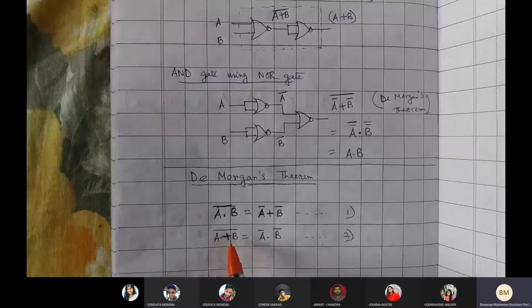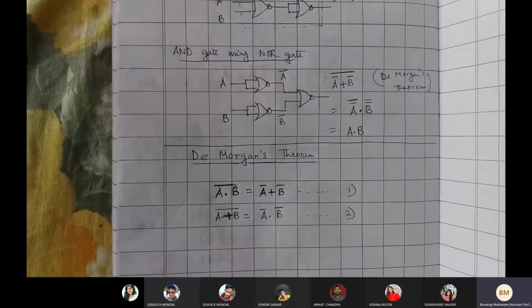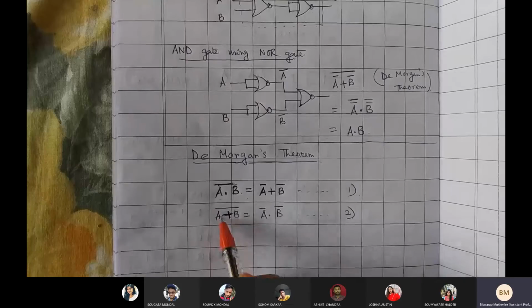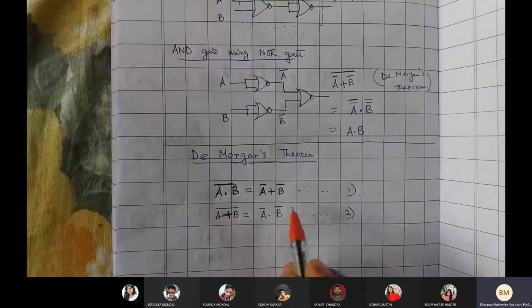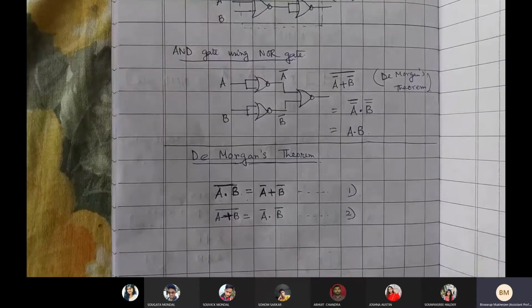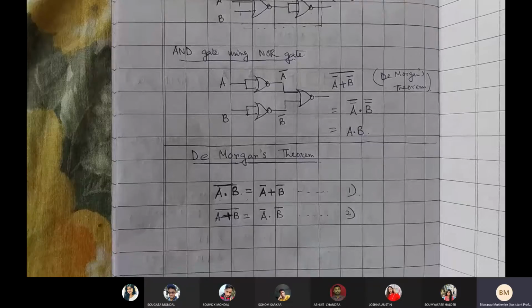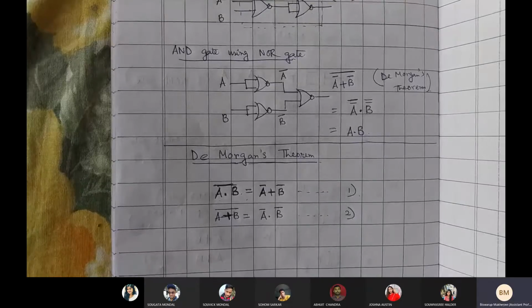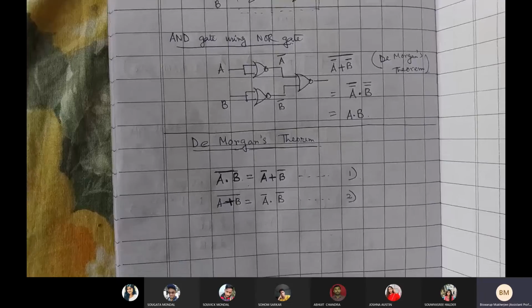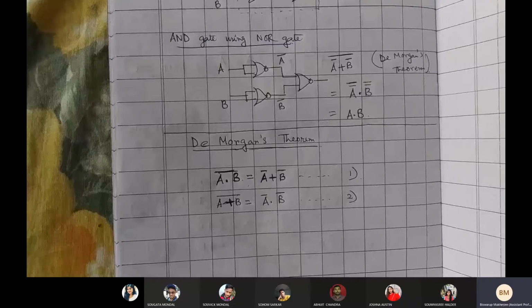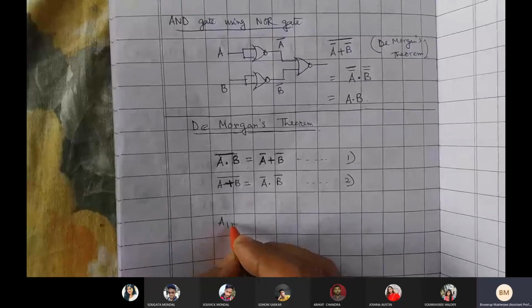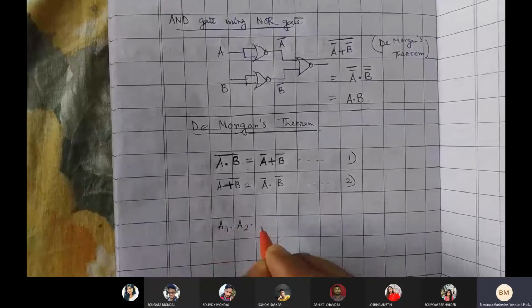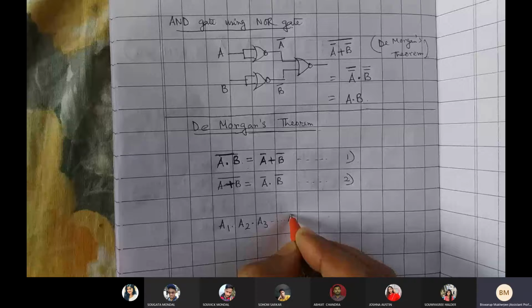Similarly, the complement of the OR operation between two variables is equal to the AND operation of the individual complements of the two variables. So that is De Morgan's theorem. Now it is not limited to two variables only, it can be for n variables also. In generalized format, suppose there are n different variables, A1, A2, A3, and so on up to AN.